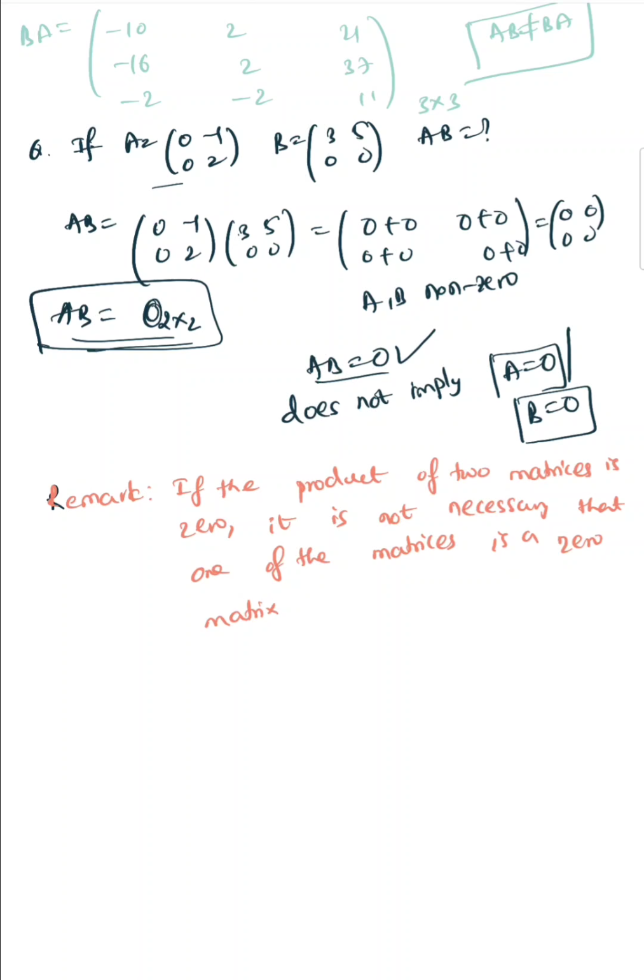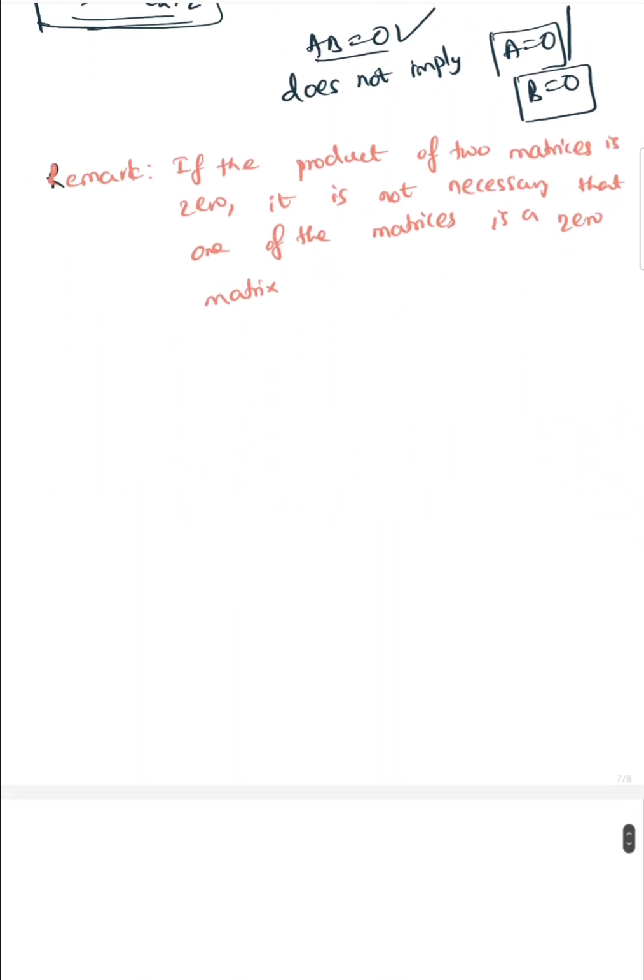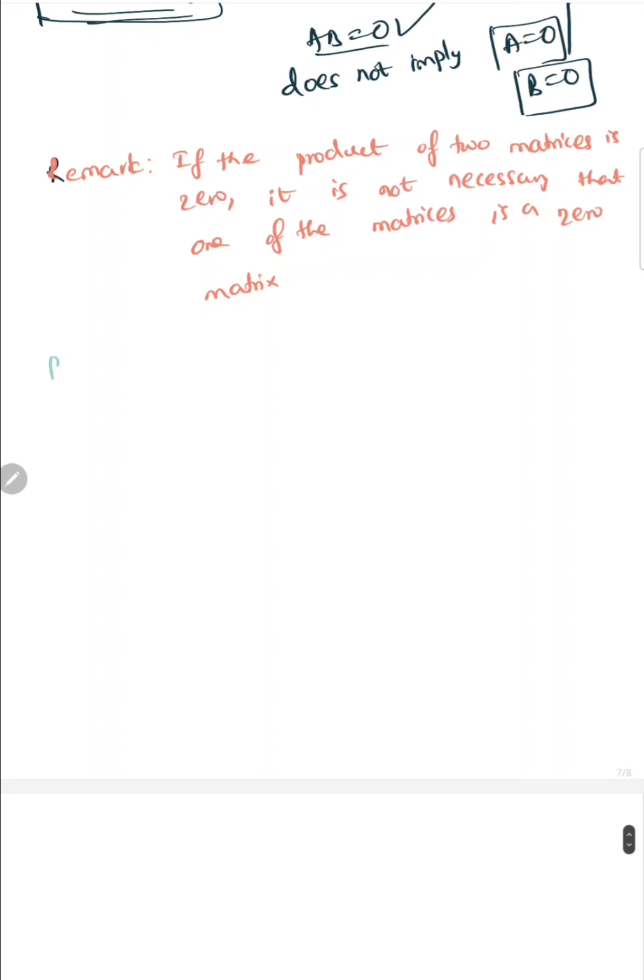Now we can see properties of multiplication of matrices. First one is the associative law.